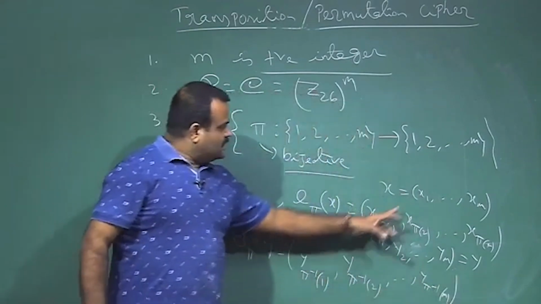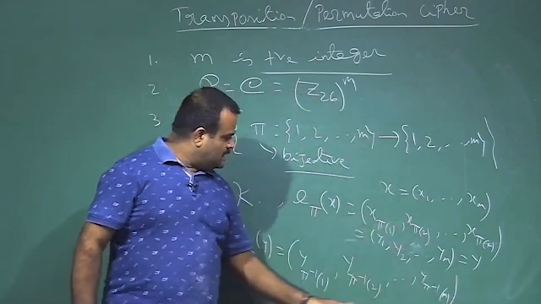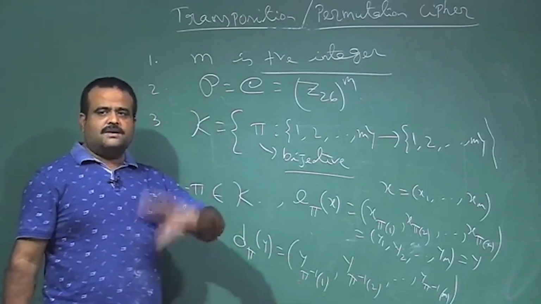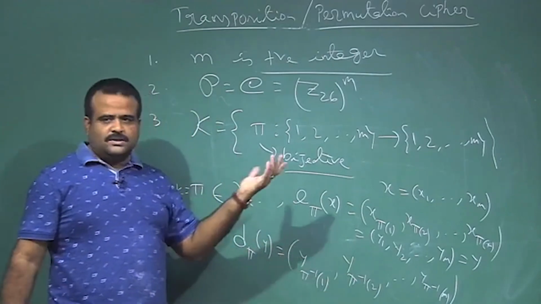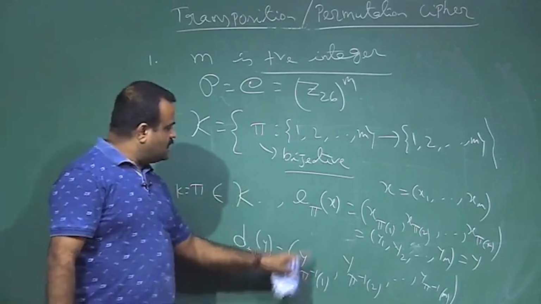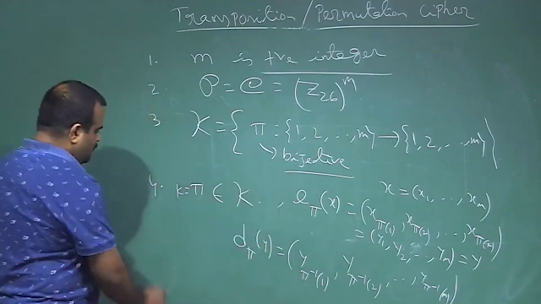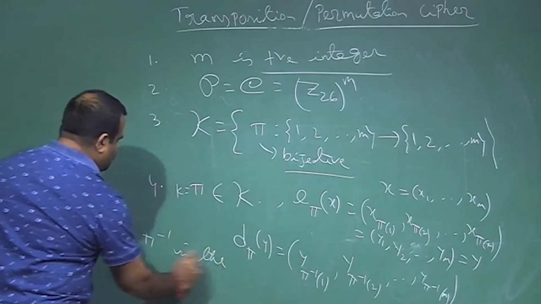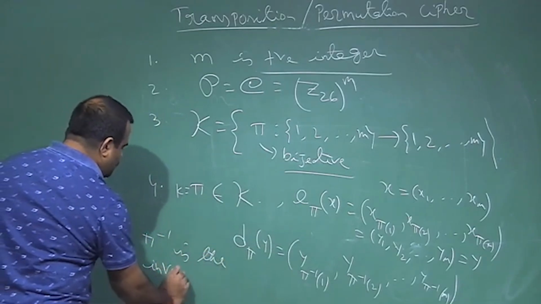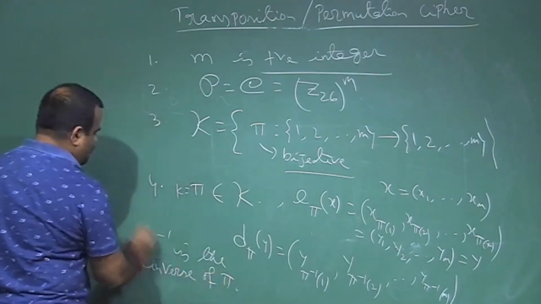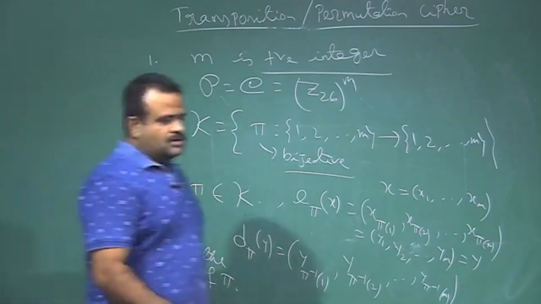So, basically we are shuffling these numbers, and then we are reshuffling to make it the original one, putting them back in the original positions, where phi inverse is the inverse permutation of phi. So, this is the way.